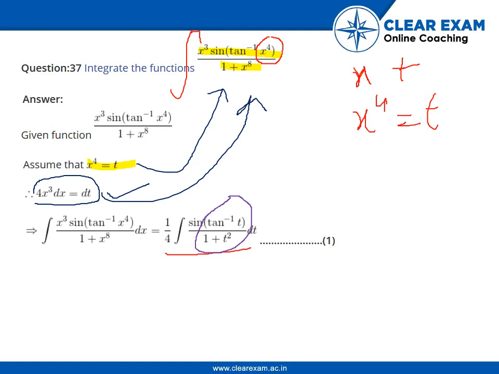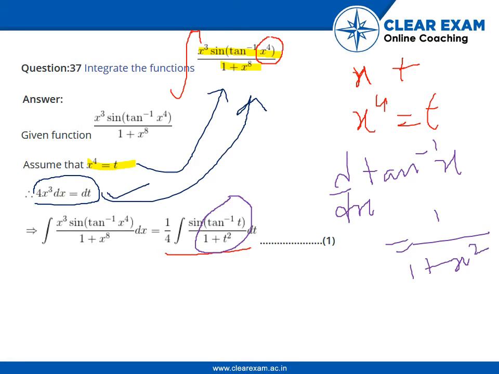I hope you remember that the differentiation of tan inverse x with respect to x is 1 upon 1 plus x square. So that is our clue. We have to assume tan inverse t as another variable so that we can eliminate 1 plus t square from the function.